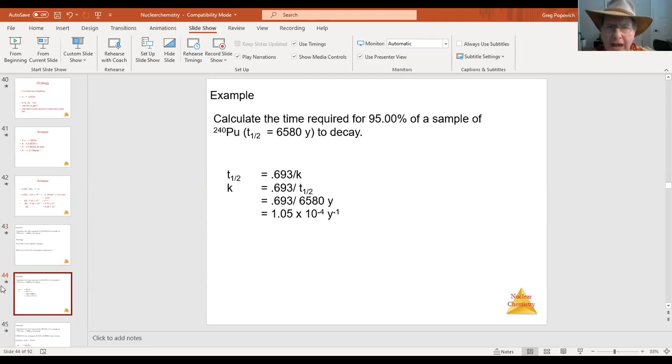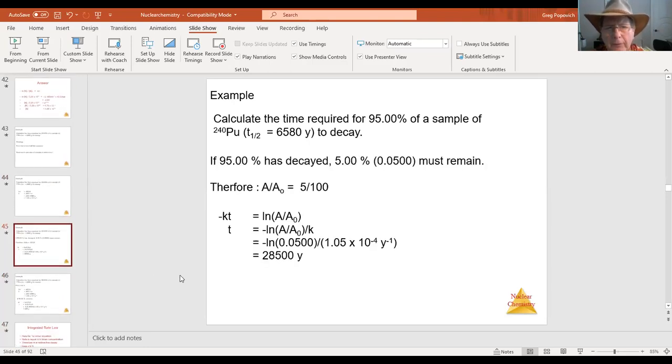Going to plug k into that equation. So I'm going to have the ln of 5 over 100. 5 divided by 100 is 0.05. The ln of that number, divided by 1.05 times 10 to the minus 4th gives me 28,500 years.